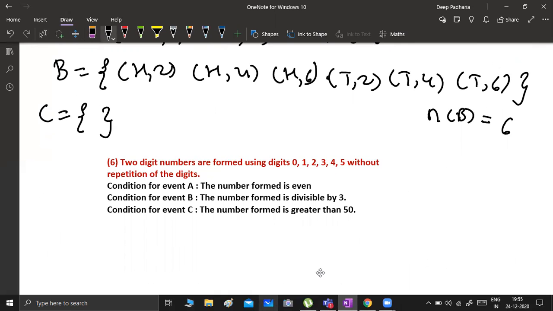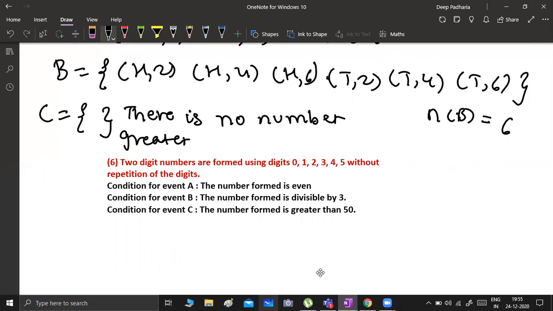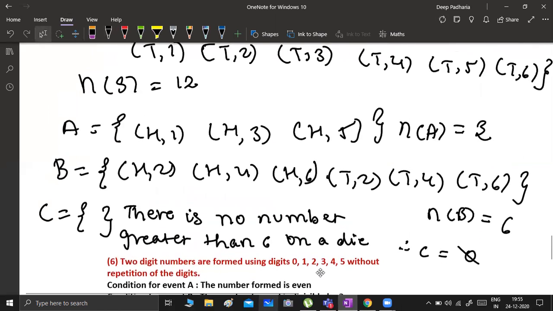There is no number greater than 6 on a die. Therefore, I can say C is equal to null set, and I can say that C is impossible event.